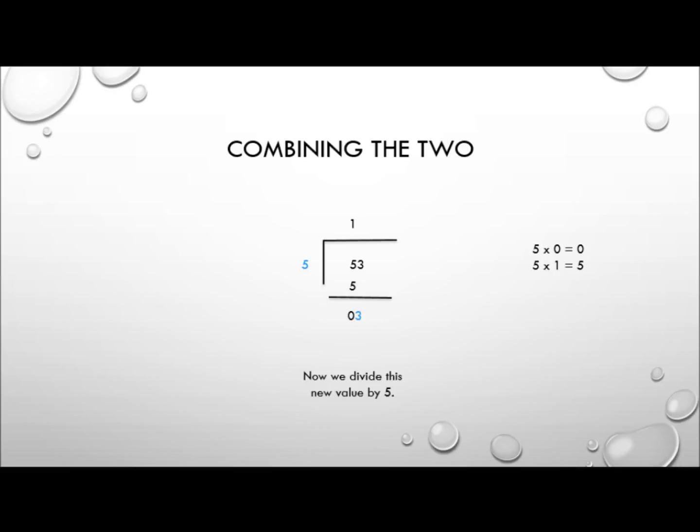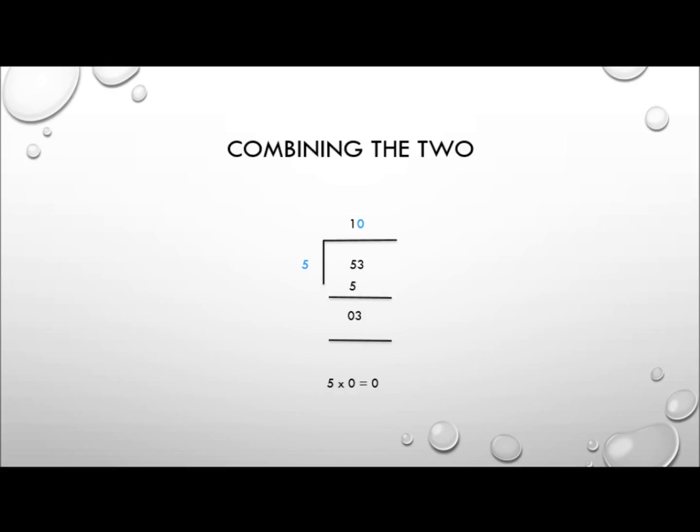In this case, 5 times 0 is 0, and 5 times 1 is 5, so there is no number that we can multiply by 5 to get 3, at least not a whole number. So we write in the nearest whole number that we can, which in this case is 0, because 0 times 5 is 0.